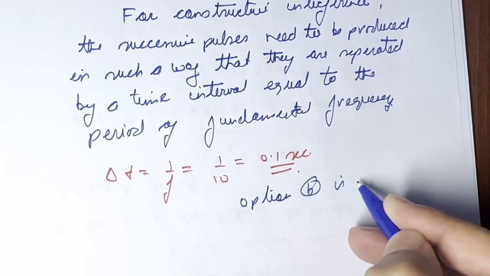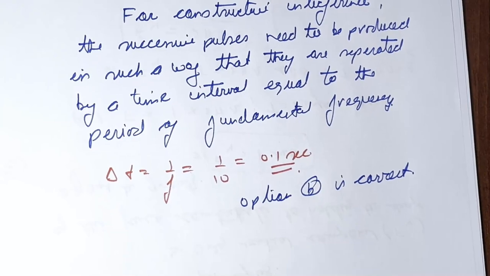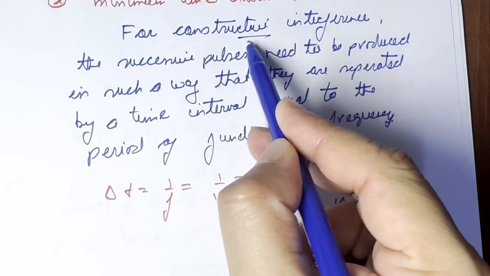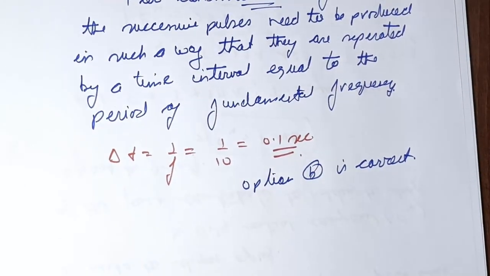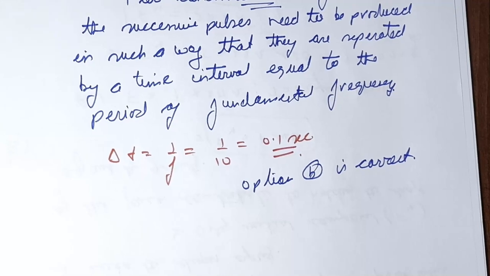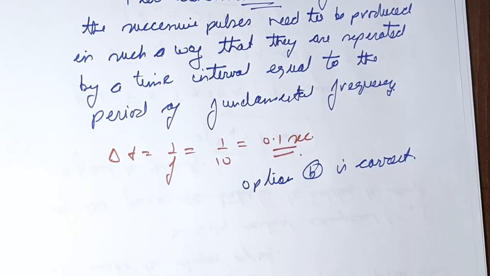On the question we were only asked for constructive interference, but we can extend the same question to destructive interference also. For destructive interference, the time interval should be half of the period of the fundamental frequency.